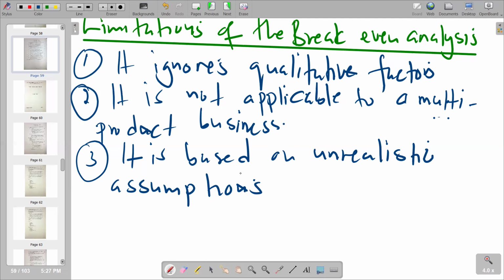That is the assumption that is there under the break-even analysis. So that is unrealistic. It's very rare to have a scenario whereby all the output is sold. So basically, those are the limitations of the break-even analysis that we have, and this becomes the last part according to the question that we have.